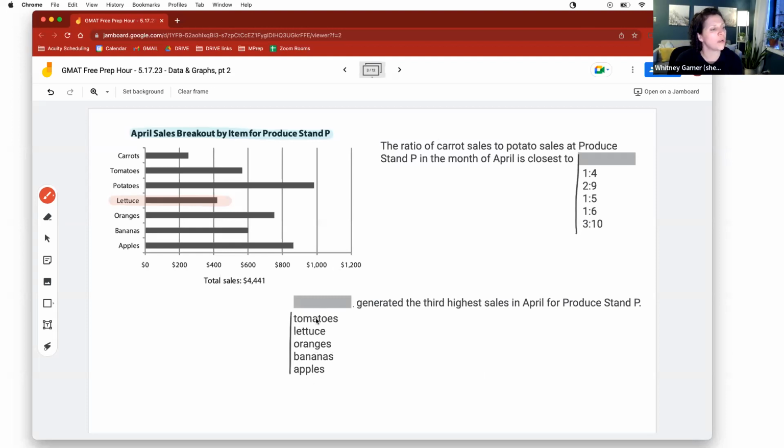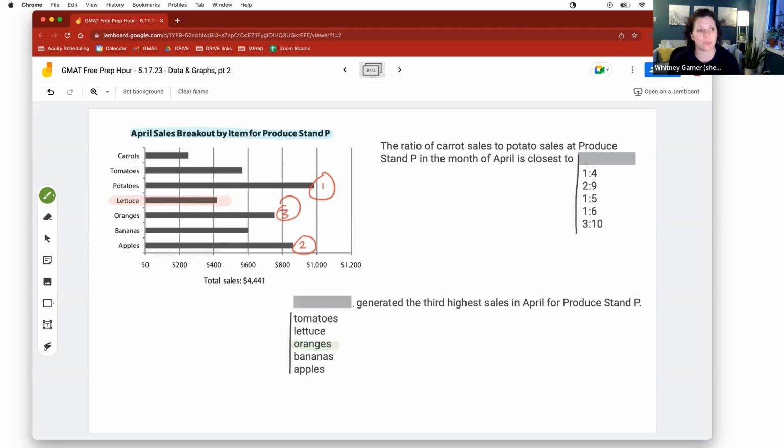So which of these generated the third highest sales in April for produce stand P? Well, I'm going to look for literally just counting them off. This guy looks like he had the highest sales, followed by the second highest sales, followed by the third highest sales. So sometimes one of the answers will be kind of easy.